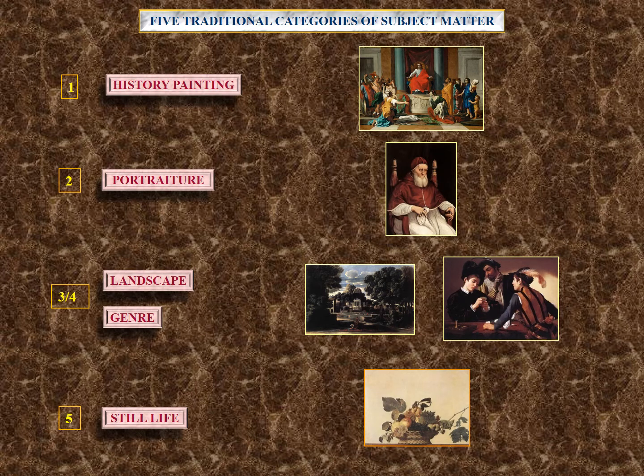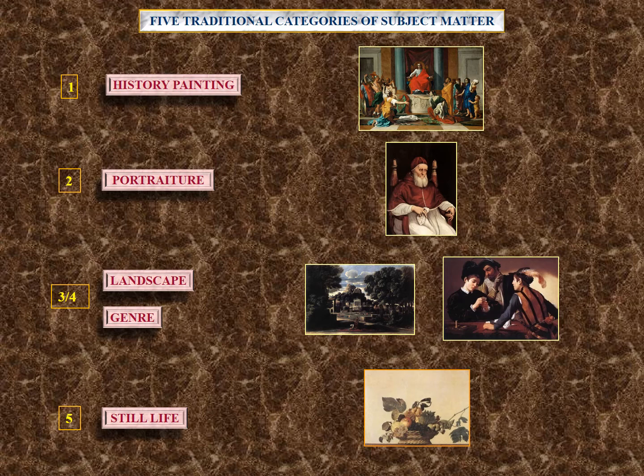Hey, speaking of subject matter, and this is important, okay? In the humanistic classical tradition coming out of the Renaissance and flourishing in the Baroque period, you have 5 traditional categories of subject matter, worthy subjects to be depicted in art.